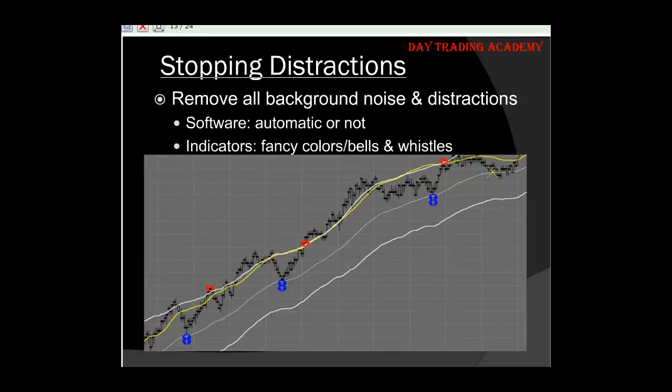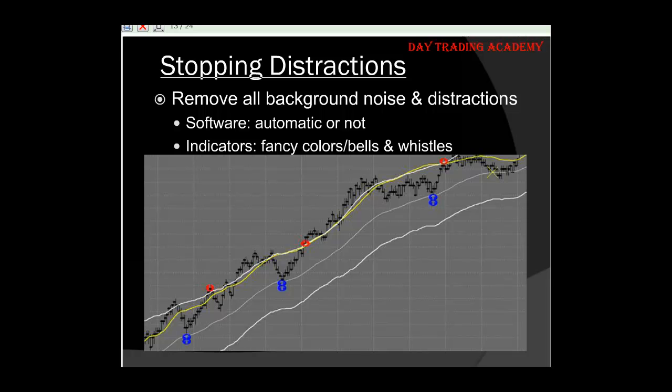So the idea that I want you to think about is stopping those distractions. When you are able to remove all the indicators, get rid of all of the software that's going to tell you when to get in, all of the software that's going to tell you what market environment it is, all that stuff is going to keep you distant from the market, right?